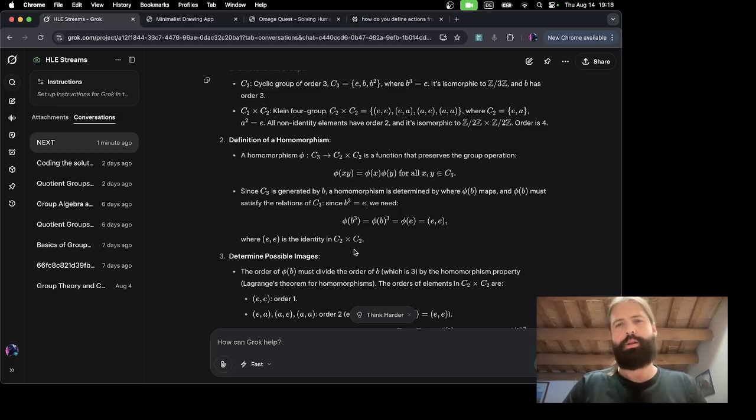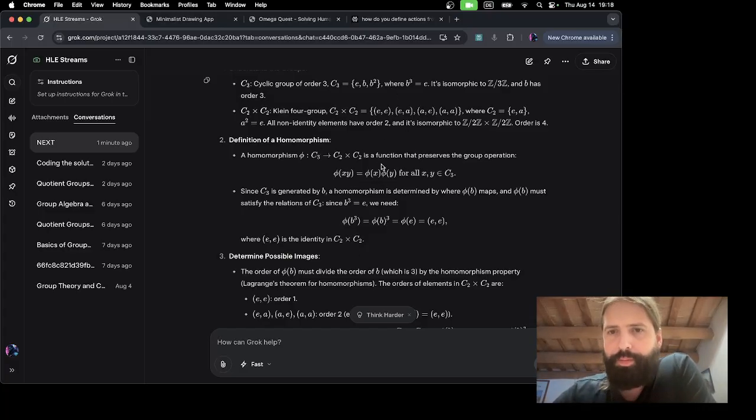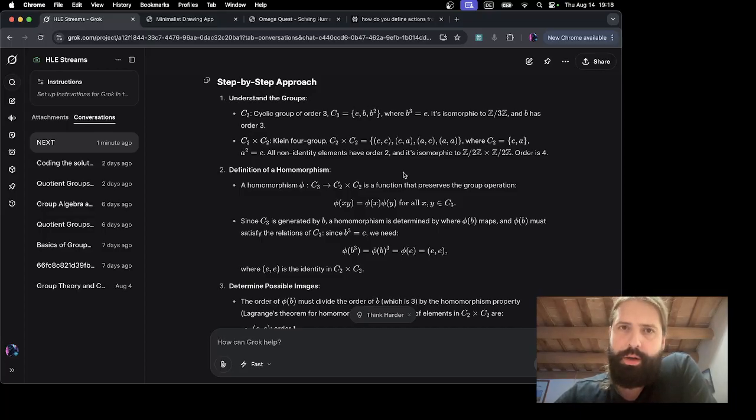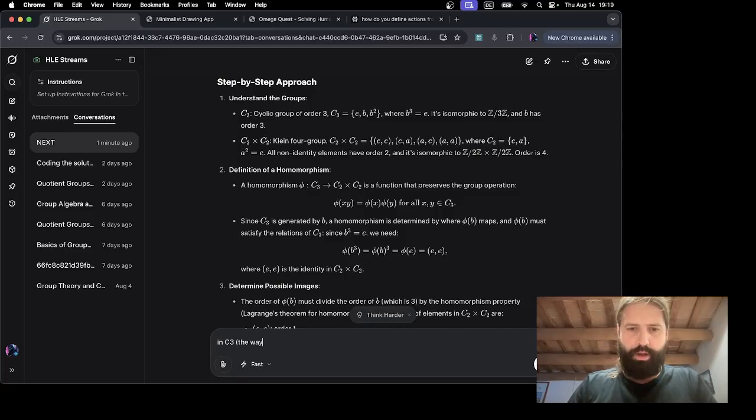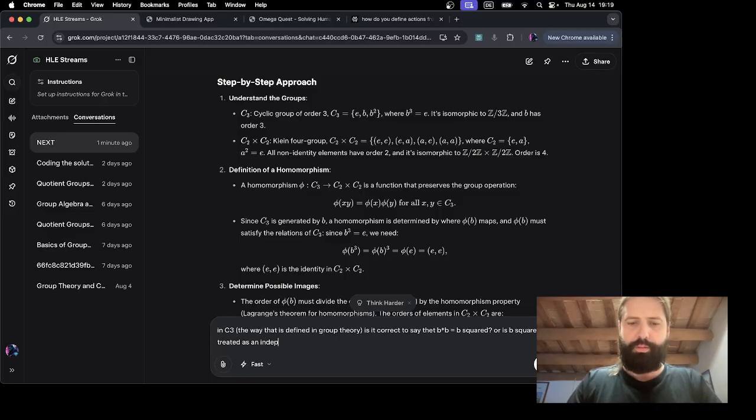There's something I'm missing here. If I map B, and I'm saying B squared is just B squared, right? But I can also say B squared is something else, right? In C3, the way it's defined in group theory, is it correct to say that B times B equals B squared, or is B squared treated as an independent element?